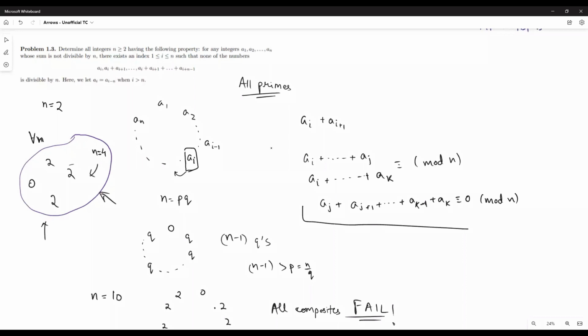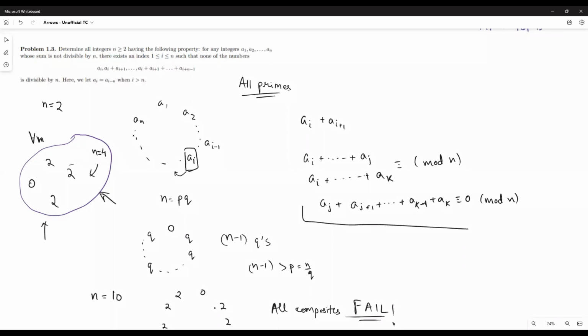So, 2 and 3 satisfy this. And primes are nice. So it may be a good guess to assume that all primes do satisfy this, and just try to prove it. And if we can't prove something, we figure out and go back and see which primes fail, if any do.